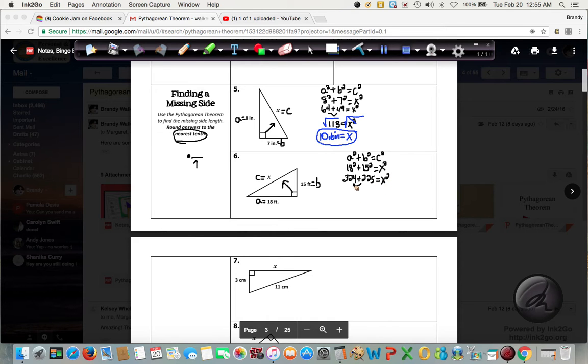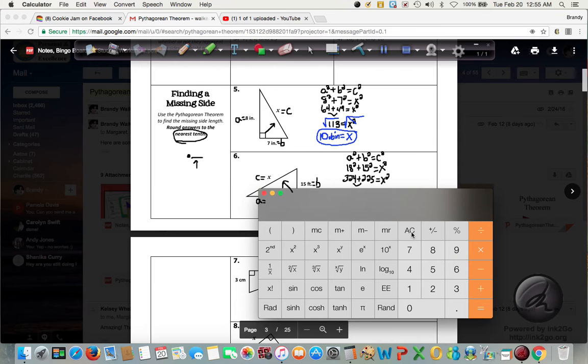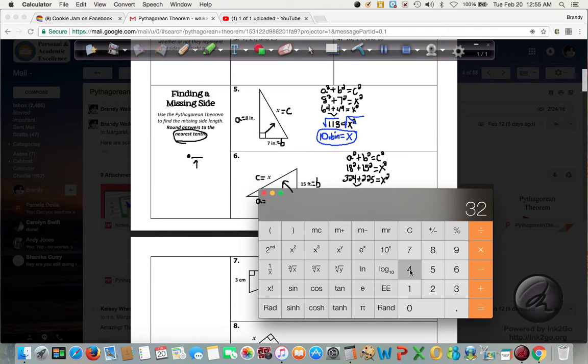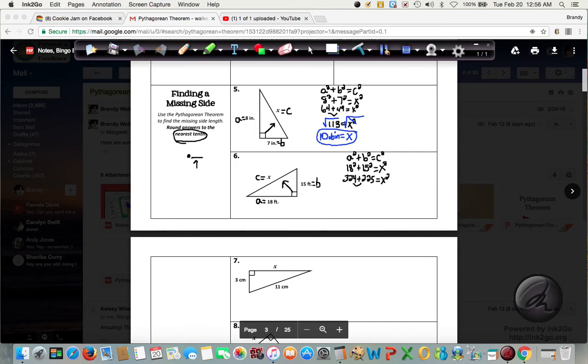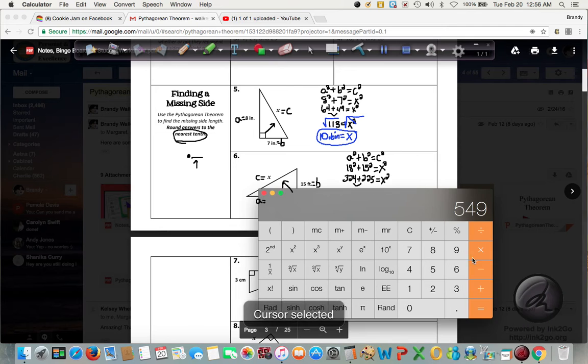You keep simplifying and add these two together. So we have 324 plus 225, and we get 549. So that's what goes at the bottom on this side. All right, so again, we had 549.